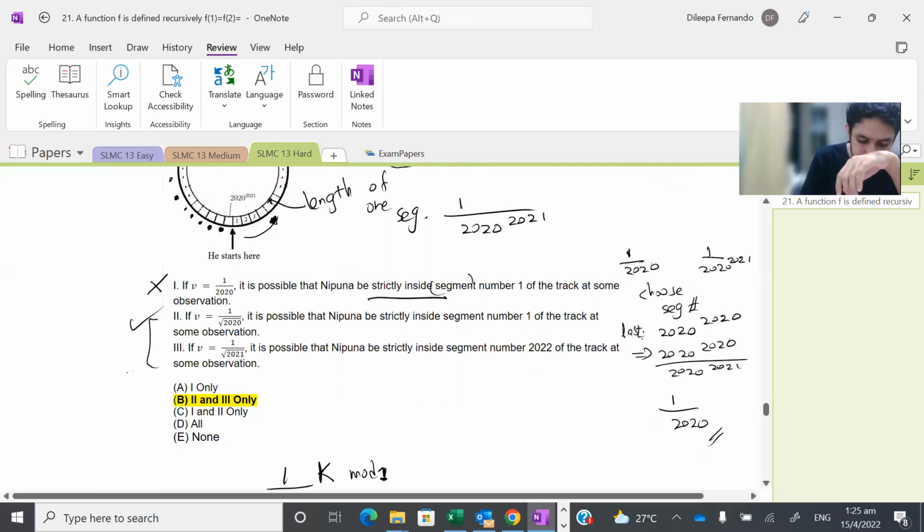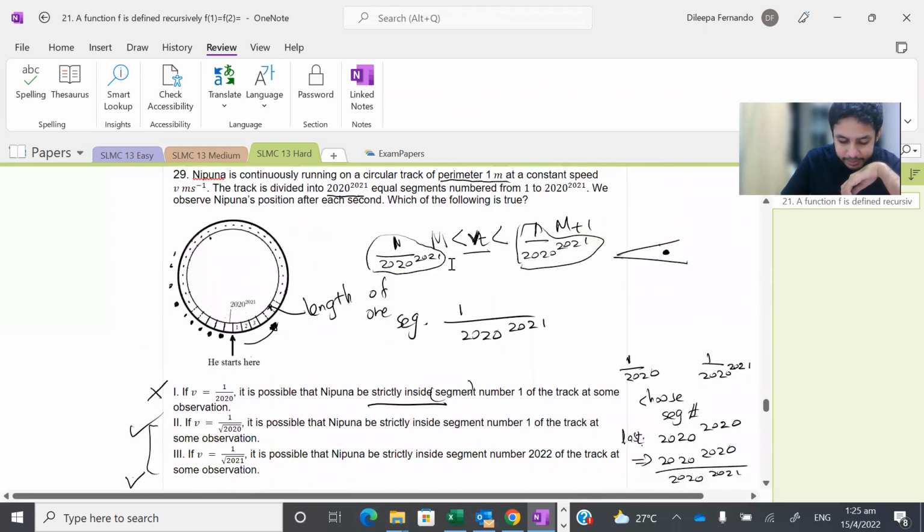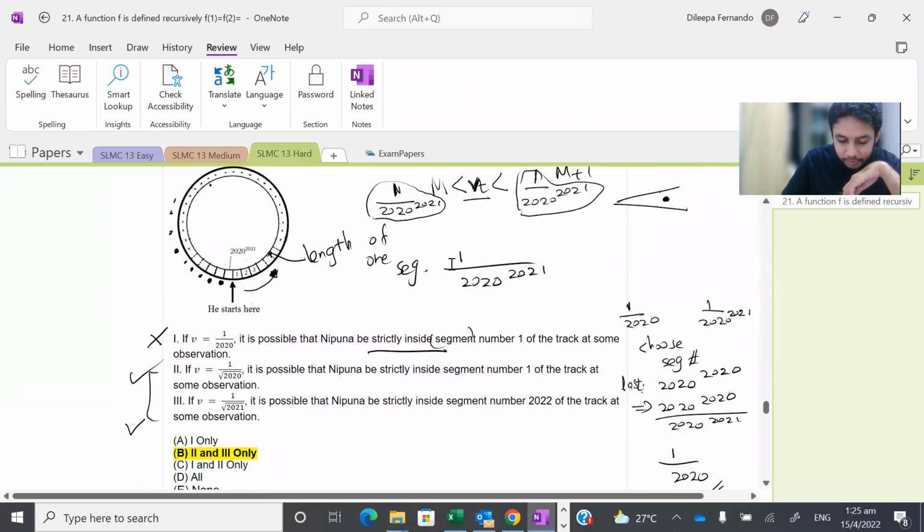So both are correct. Coming back, in the first case, 1 over 2020 was a rational number, and it could be represented as a multiple of the segment size.